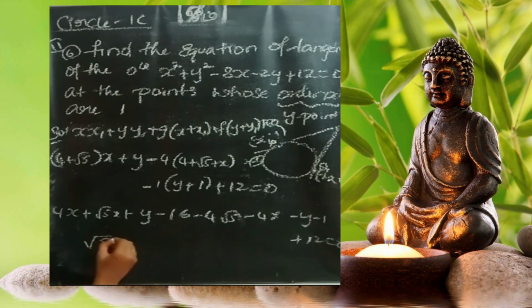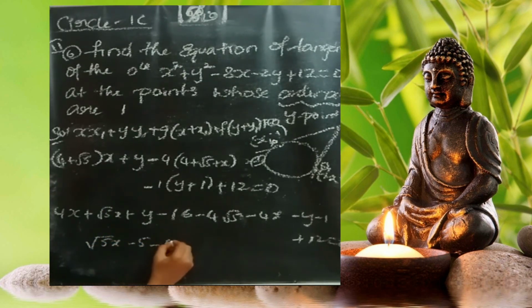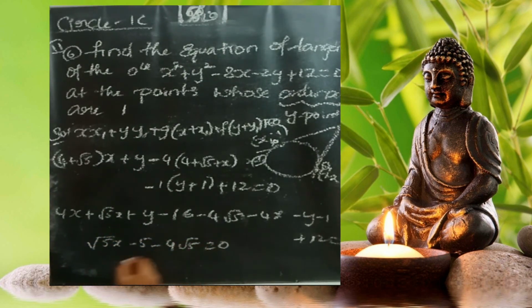Then you will get root 5 x minus 5 minus 4 root 5 equals 0.